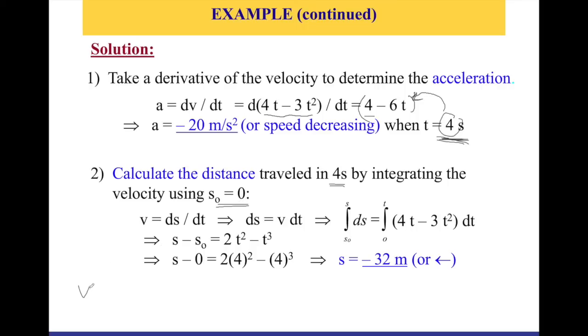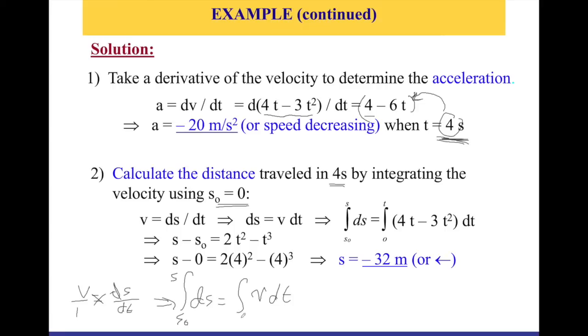We know that velocity is always equal to ds over dt. To find the position, I would like to start by doing a cross multiplication, saying that ds equals v dt, and you do this before you start the integration. If you want to find ds, the position, you put your integration on both sides, and you start your integration from s0 to s.